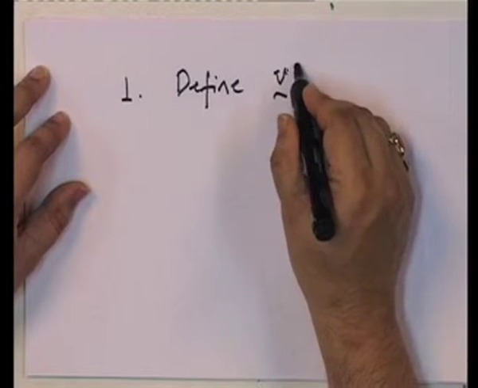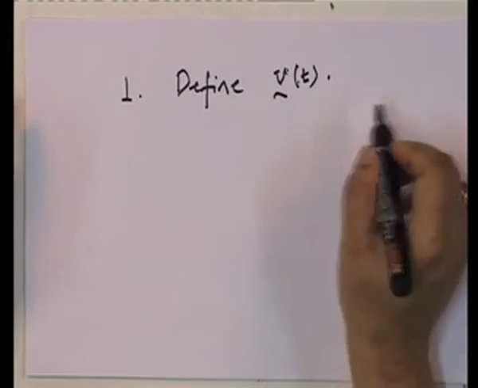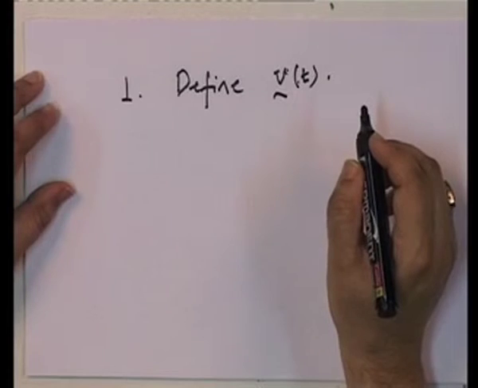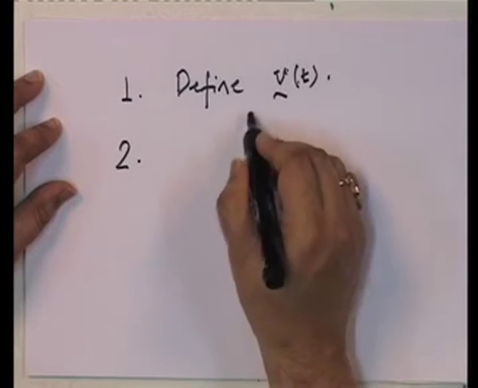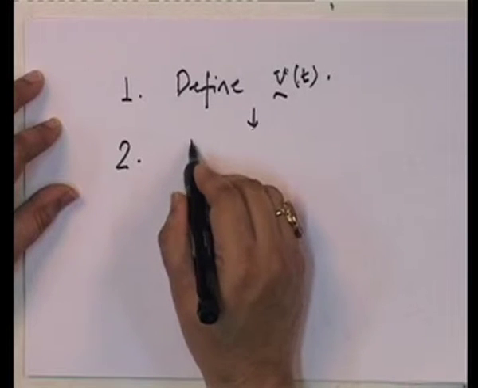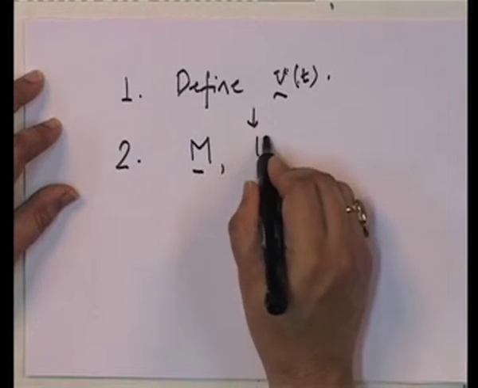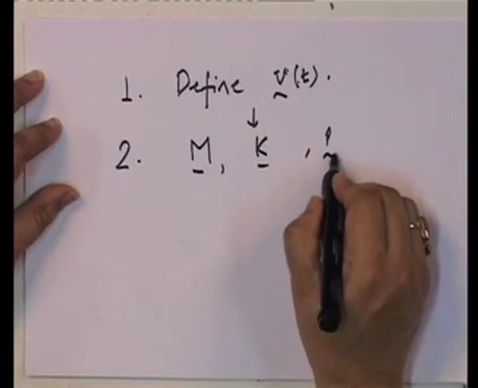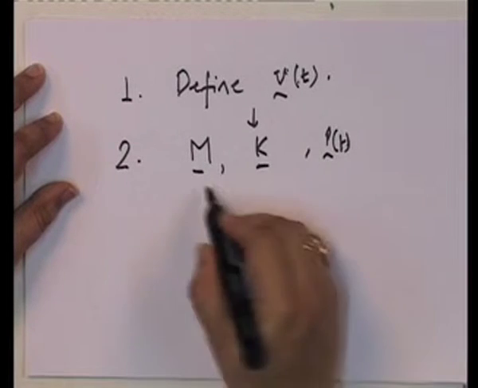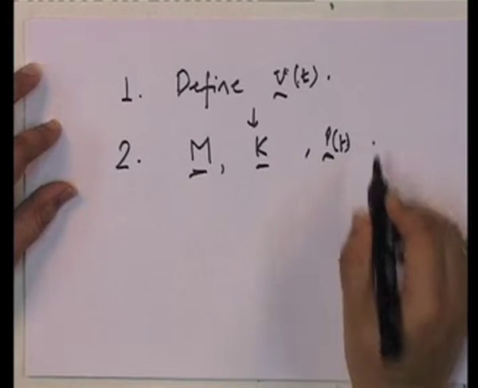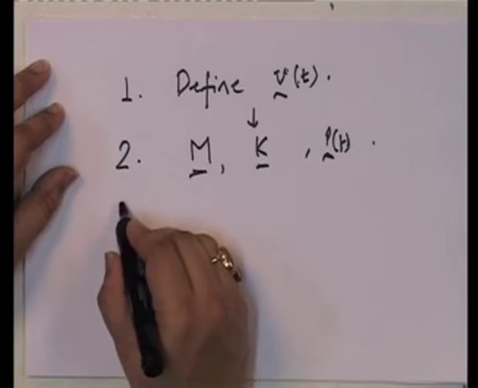That will give you this, right? So, once you do that, then corresponding to this, find the M, K and P vectors. Okay? So, mass, stiffness and load.